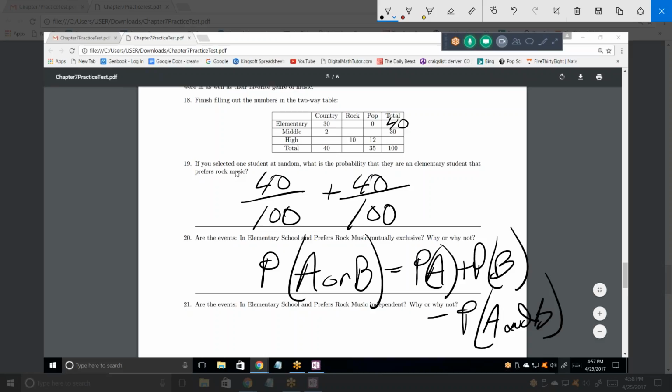They either like country music or are in elementary school? Yeah. Well, 30%. So it seems to me that it should be 40% plus 40% minus 30%. I would be tempted to say 50%.